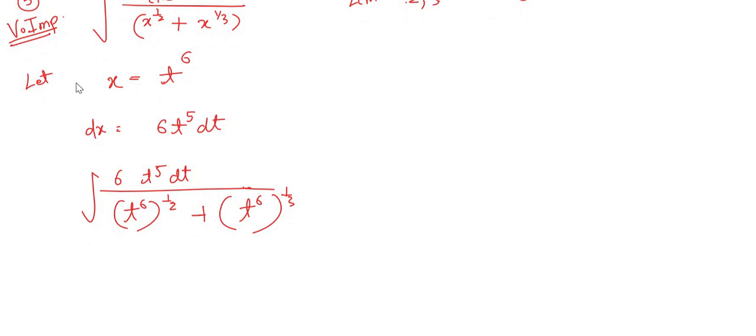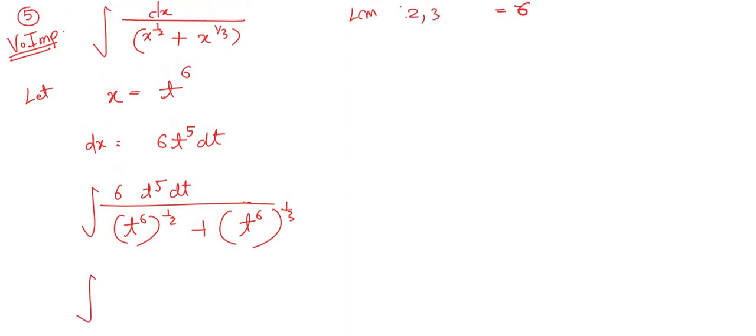So now what can we do? If we simplify a little bit, this will be 6 t raised to power 5 dt. This is t cube, right? The power cancels, 3 twos are 6, so this is t square. Now what can we do? It's a very interesting question.